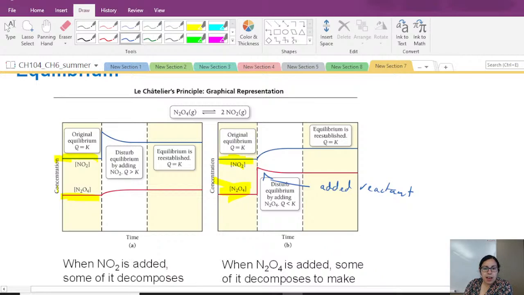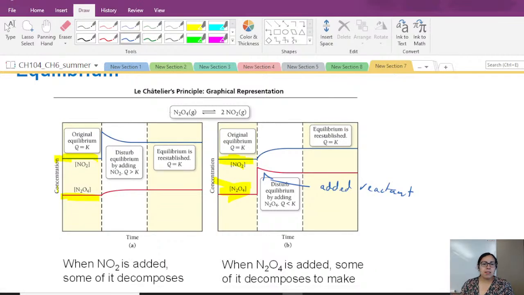We artificially added our reactant, and of course that's going to start decreasing, because if we add a bunch of N2O4, that's going to drive it to the right, away from this. It's trying to mitigate that effect. It was happy at equilibrium.